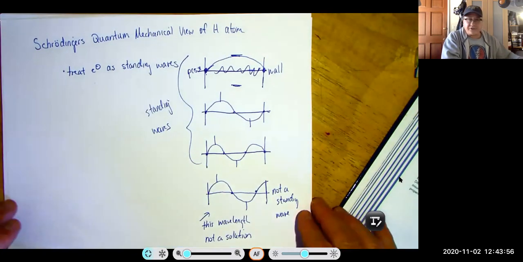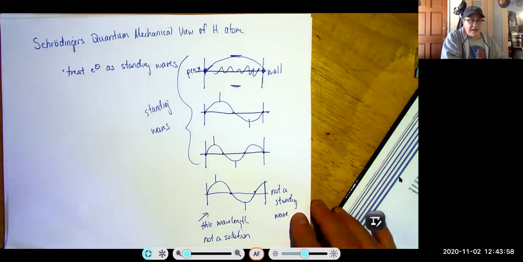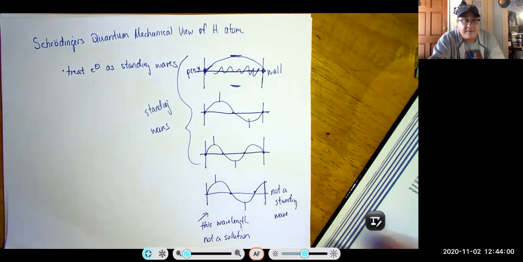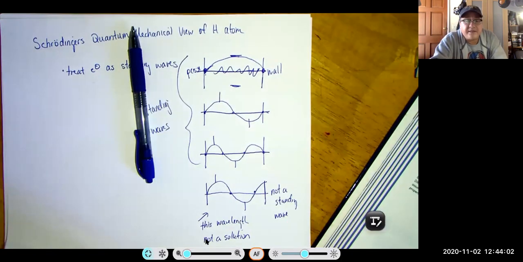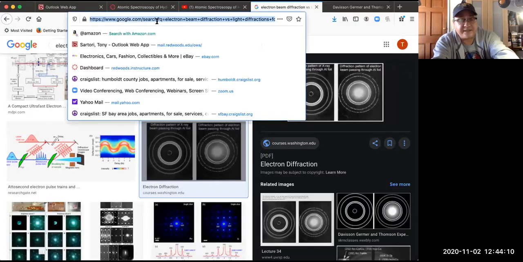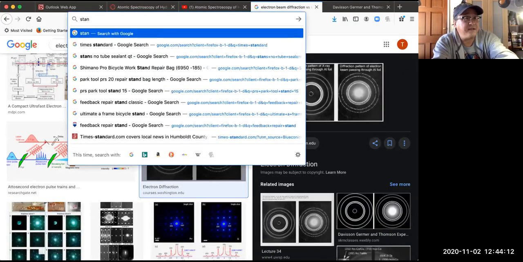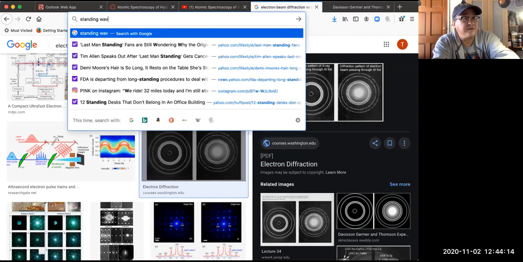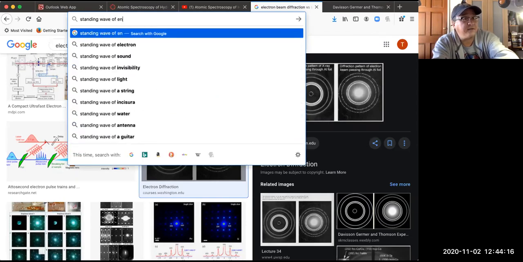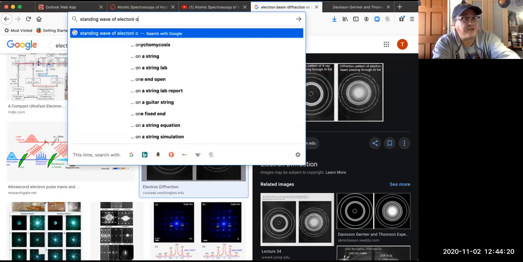So he wanted to treat electrons on an atom as standing waves. And I'm going to change my share screen back to Firefox. And let's take a look at the standing wave of an electron on a hydrogen atom.